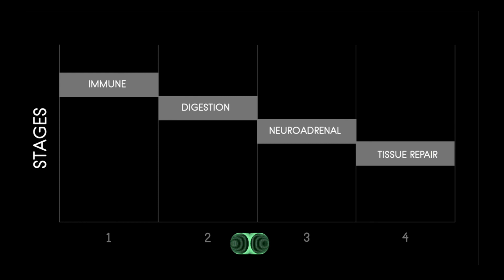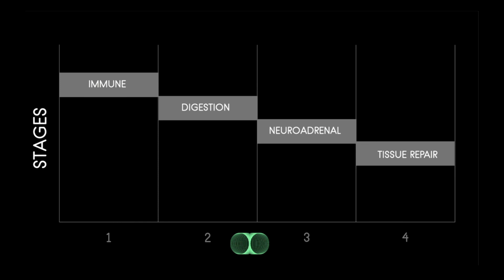And so at the Synthesis Health Lab, we focus on a strategy that's based on physiology. So it's based on accurate principles of the order that the body wants to heal in. So we start with the immune system and helping it become more specific and more effective. Then we move on to digestion, then neuroadrenal, which is that reintegration stage.